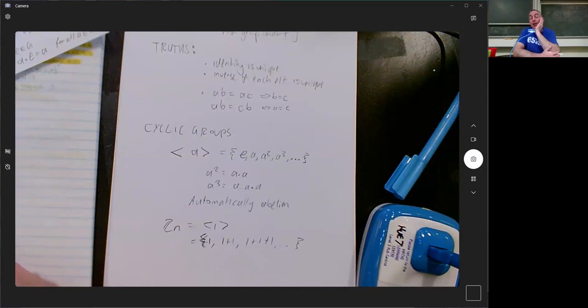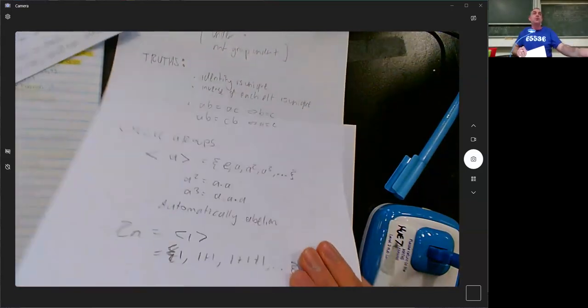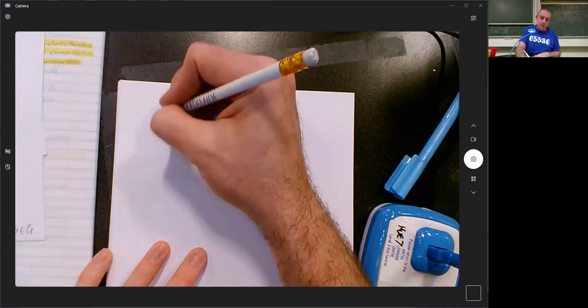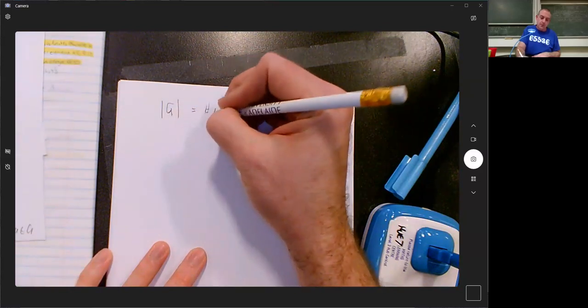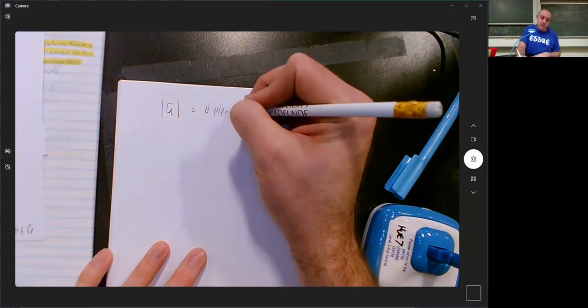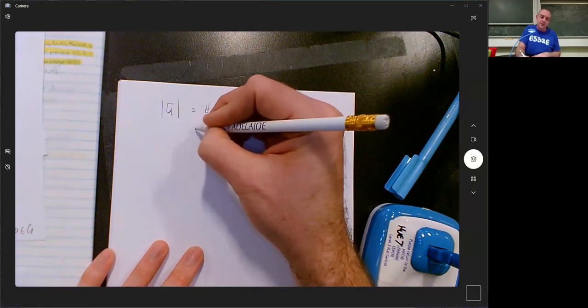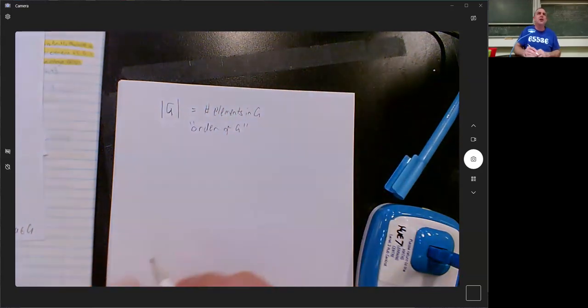So I think we're getting very close here to a couple of theorems about groups, which is that the size of a subgroup has to divide the size of the group. In G, and it's called the order, isn't it? It's called the order of G, I believe.